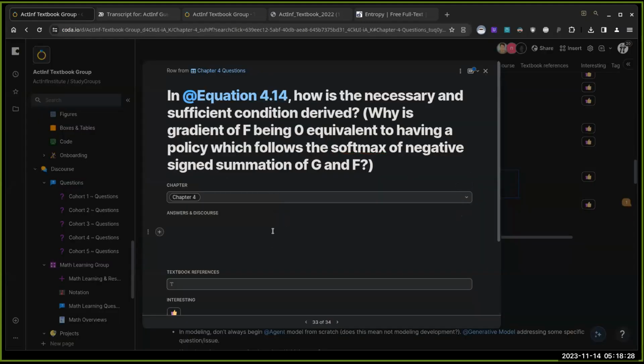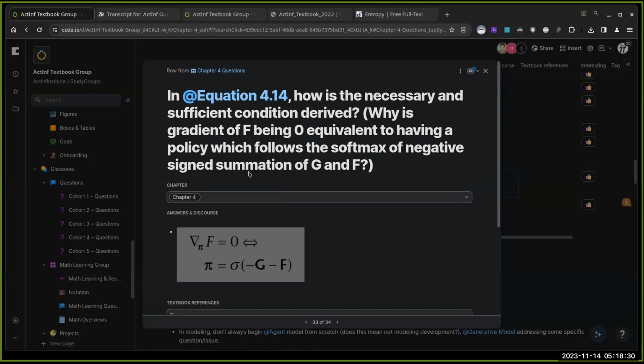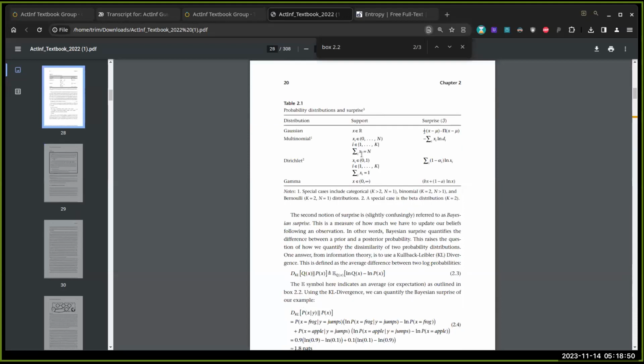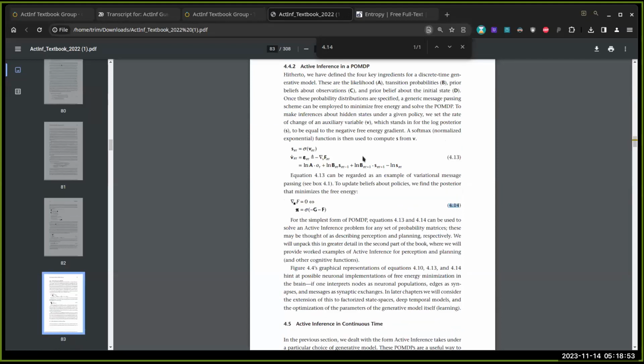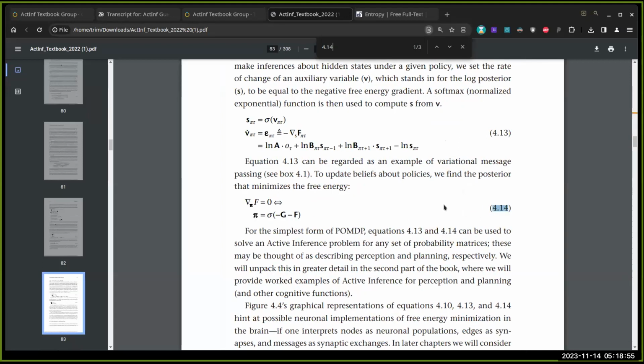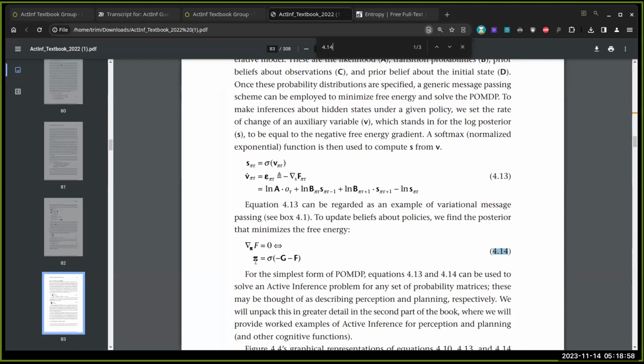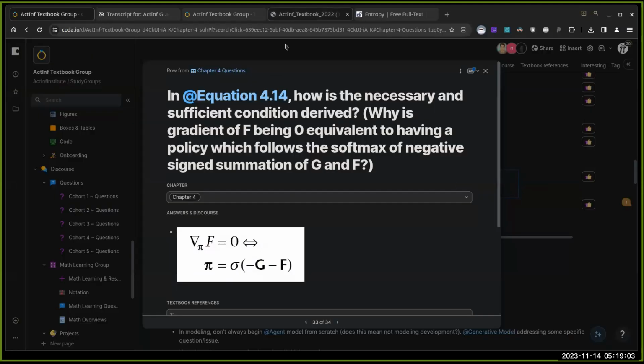Why is the gradient of F being 0 equivalent to having a policy which follows the softmax of negative summation of G and F? Yeah, this is a good question.